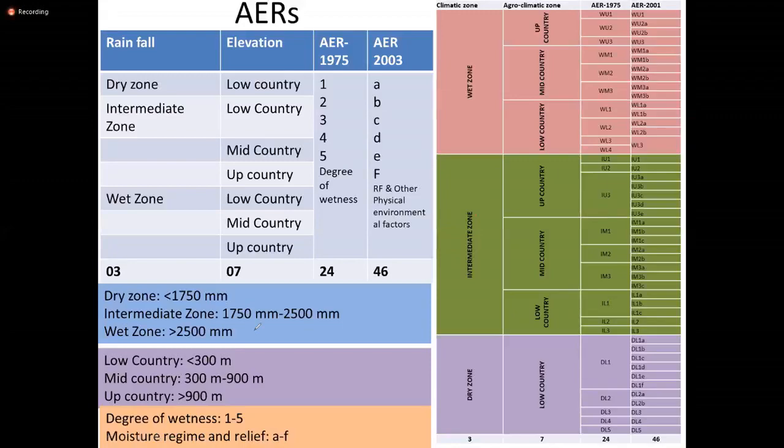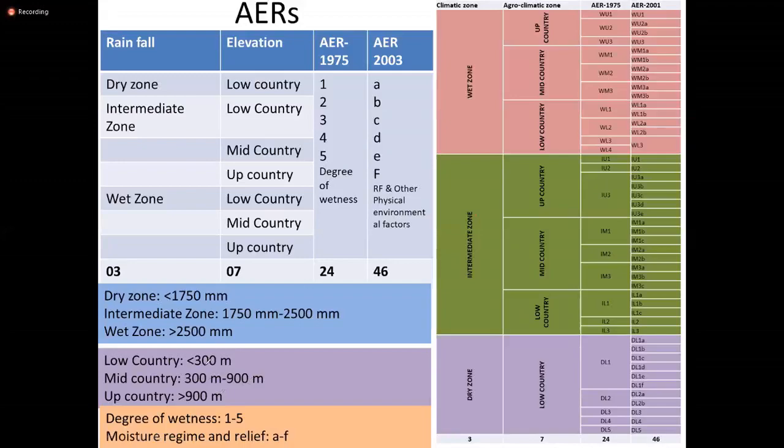Similarly, where rainfall is above 2,500 millimeters, that is called the wet zone. Likewise, based on elevation, Sri Lanka is divided into less than 300 meters, 300 to 900 meters, and greater than 900 meters.